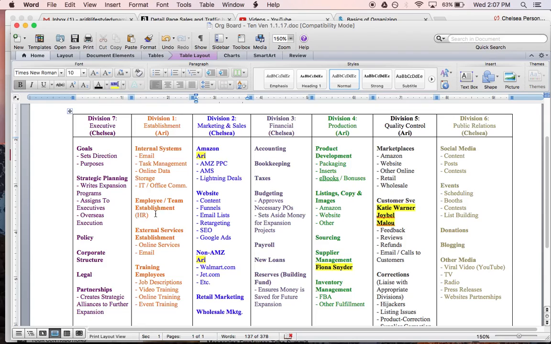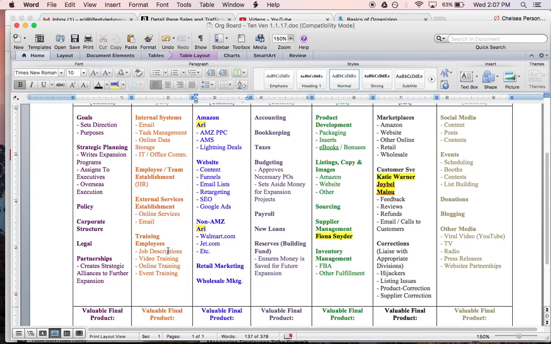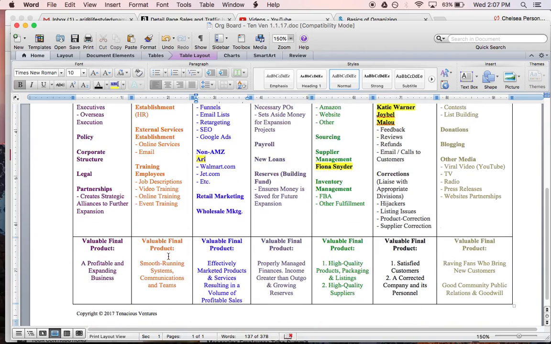I don't really like that term, but that's a very corporate term, but it's what people say. So this is like the HR part of that division. So you could take these divisions and break them into their various departments, but we'll just kind of list it all out here. You've got training employees there as well. And the valuable final product for that division is smoothly running systems, communications, and teams.